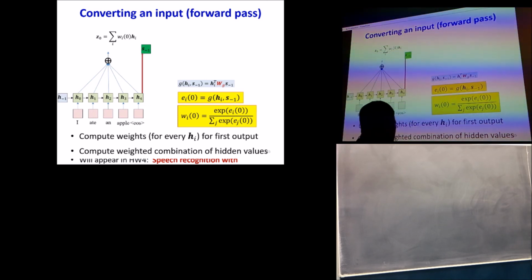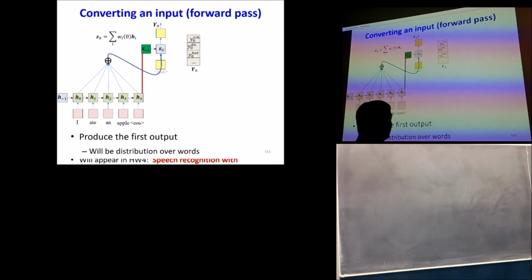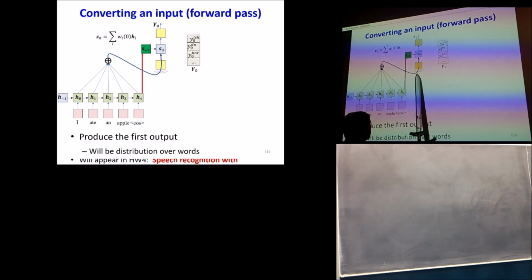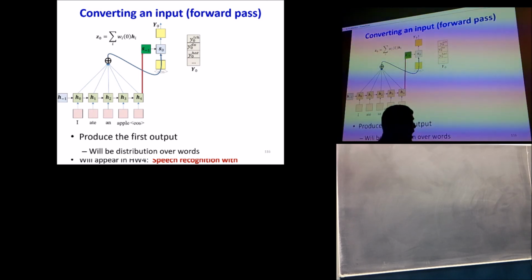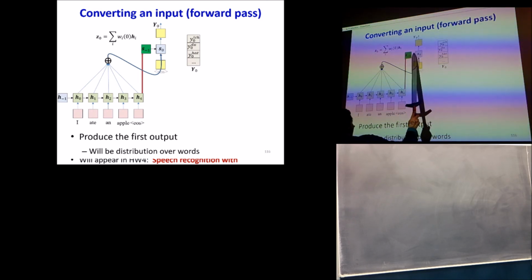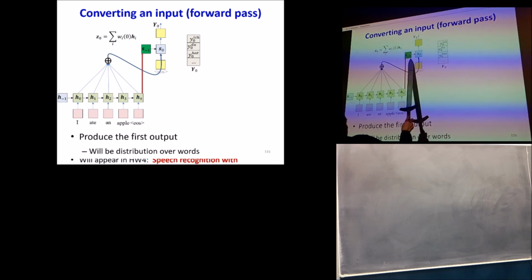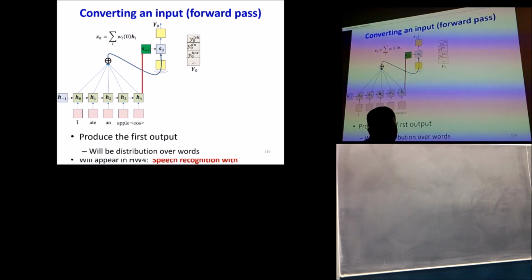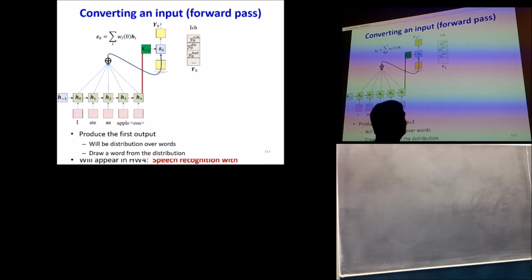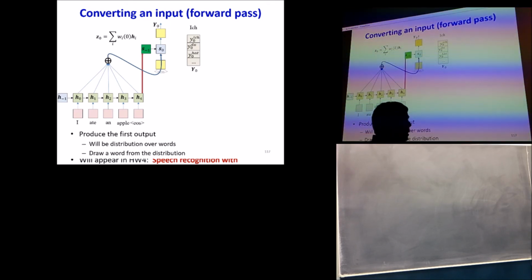And this weighted combination is going to be fed into the network along with the very first symbol, which is just the start of sequence symbol, and the initial state. And the hidden state over here is going to use the combination of these three to produce a probability distribution at that time. And from that distribution, you draw a word.